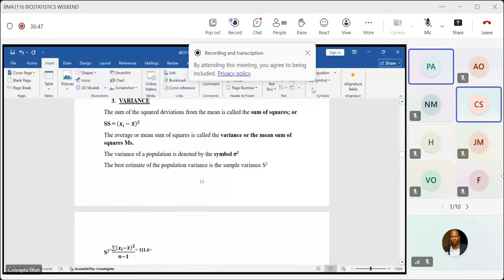What is n minus 1? N is 10, so n minus 1 is 9. What is our variance? Our variance is 12.4.